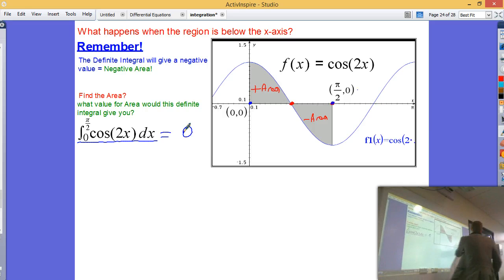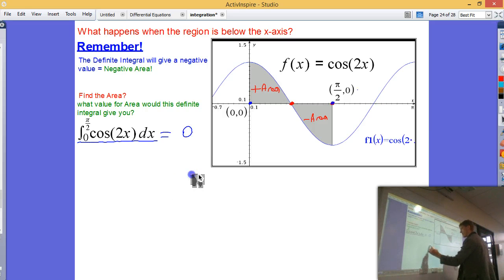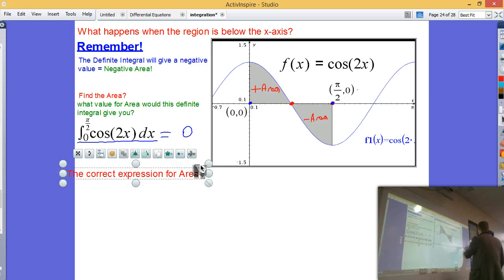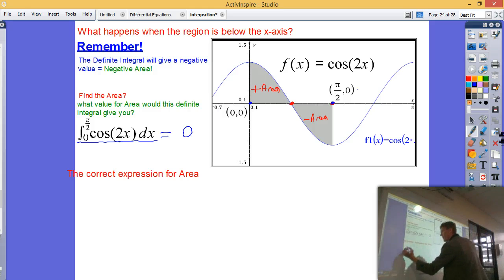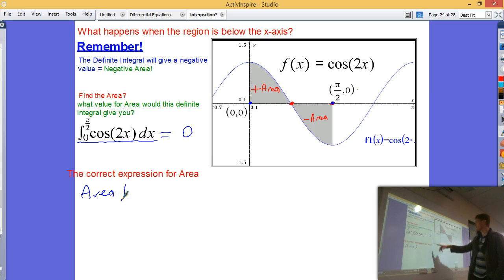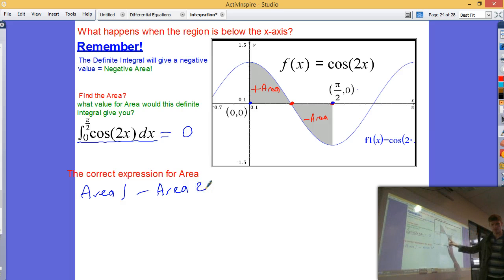So the correct expression we're going to have to use to get this area will be an expression that involves finding area 1, and then we have to, that's right, subtract area 2 because it is negative area.